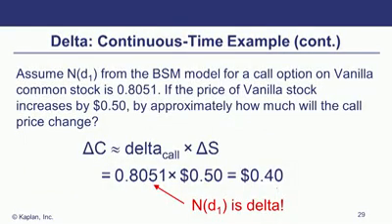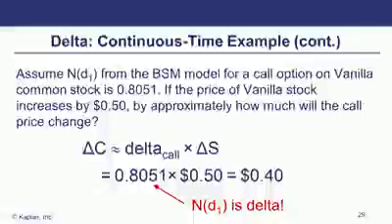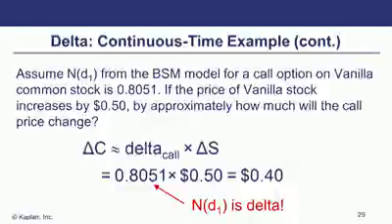Okay, and here's an example of estimating the change in the call price. So an exam question could, for example, provide N(d1). And again, if we don't know that N(d1) is call delta, we will be in trouble at that point. But N(d1) is the call delta from BSM. And we know this is 0.80.